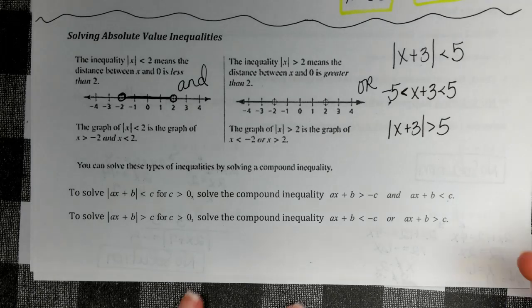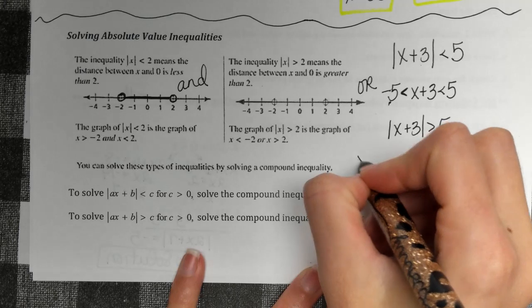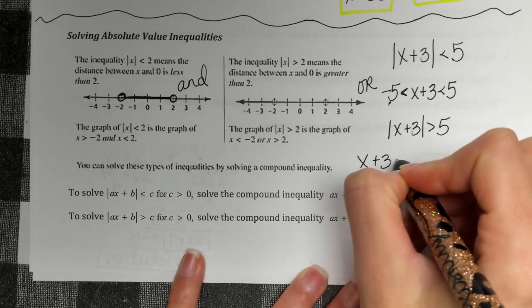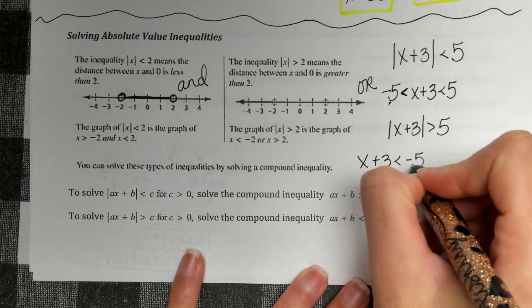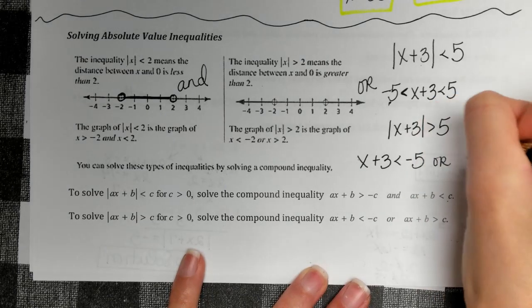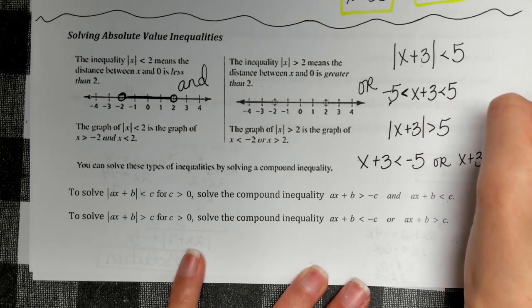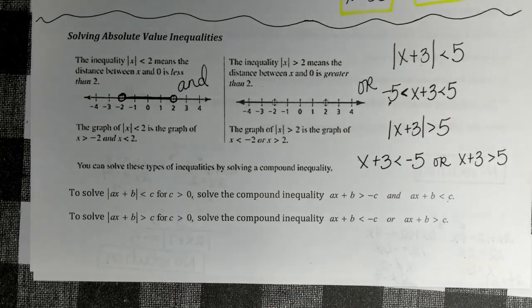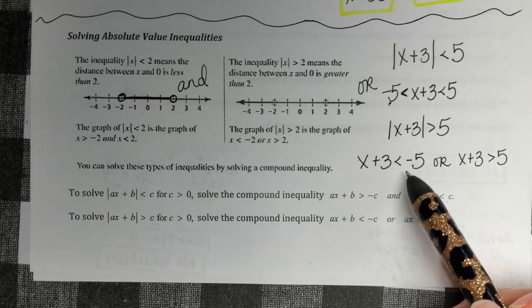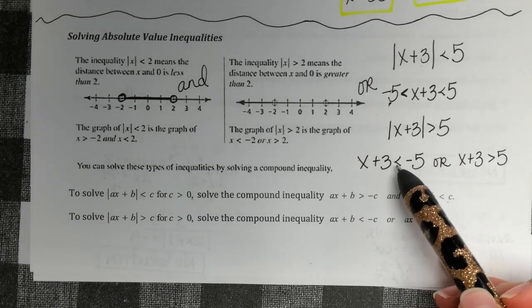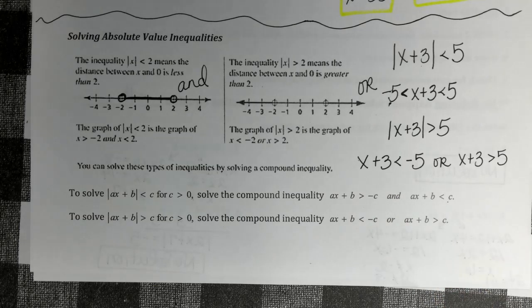So x plus 3 needs to be less than the negative 5, or x plus 3 is greater than 5. The negative always goes on the left, and when you do the negative, you flip the sign. With an or, you know they should go opposite directions, so you shouldn't have to guess that.